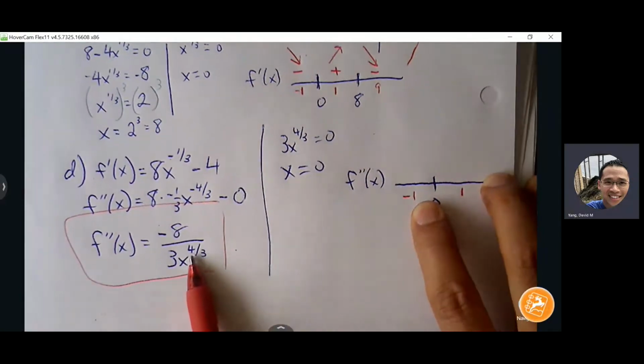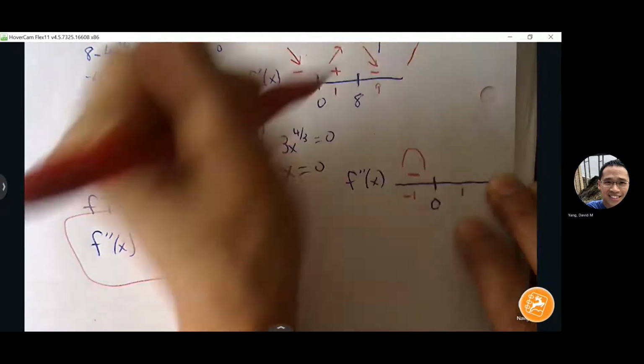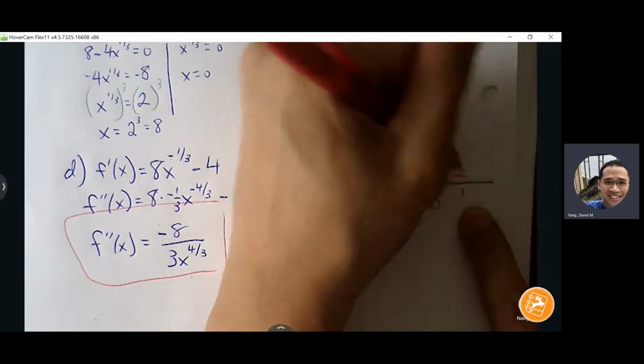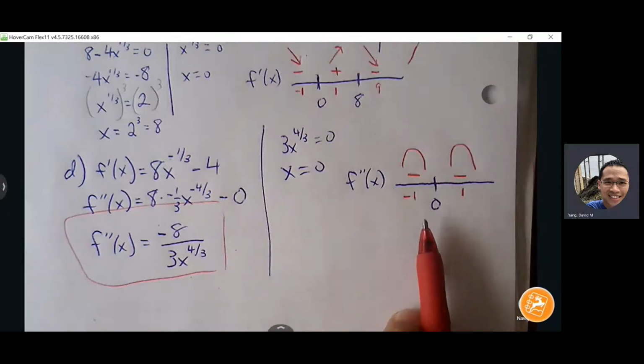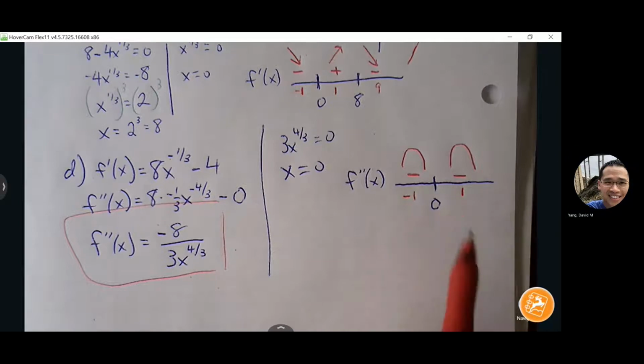Anything raised to the 4th power is going to be a positive, so negative over positive is negative. +1, also negative over positive is negative. So 0 is a candidate for points of inflection, but is it a point of inflection? No, it's not.